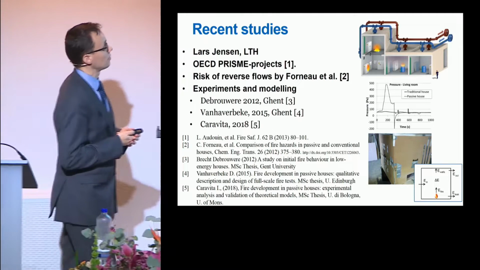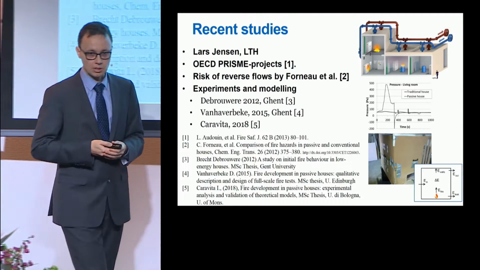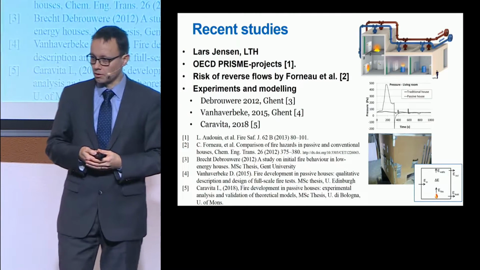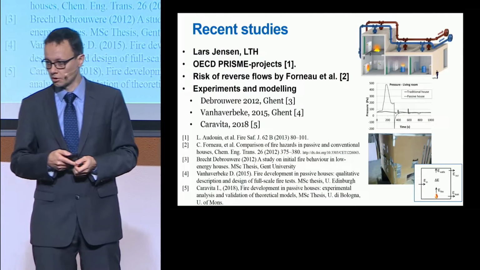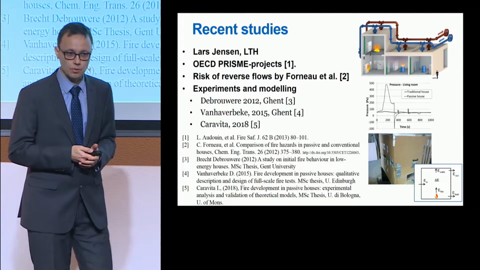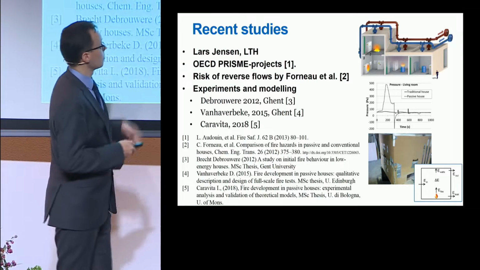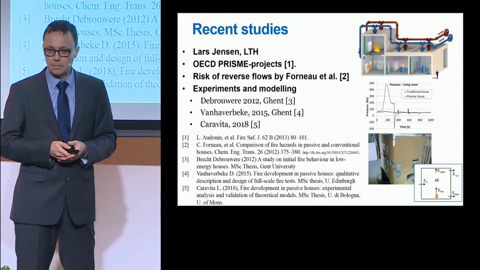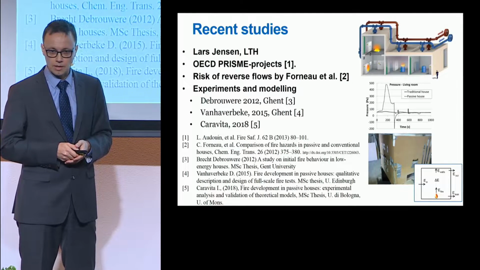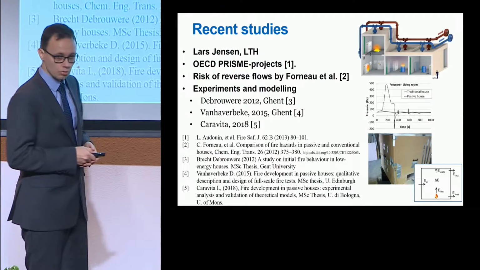I have been involved in the OECD PRISMA project, which is one of the nuclear fire safety related research programs. In this program, the experiments were made by French researchers at IRSN close to Marseille.